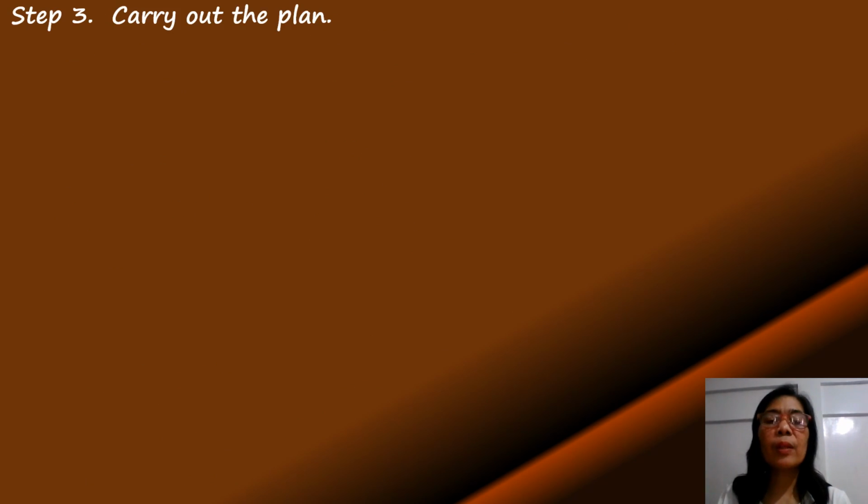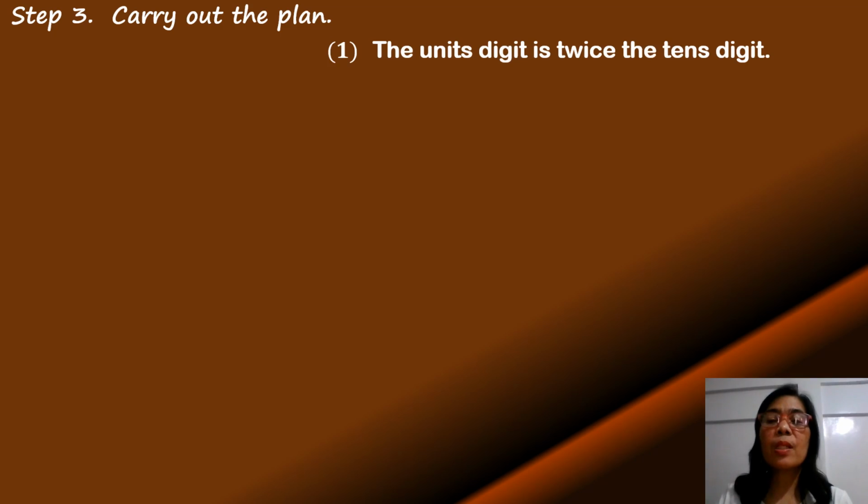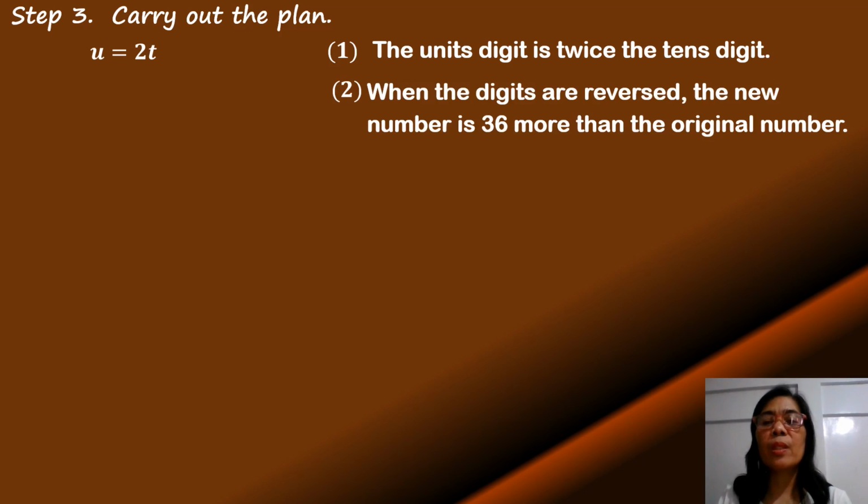In carrying out the plan, we write the equation based on the given conditions. The first condition is that the units digit is twice the tens digit. So u is equal to 2t. The second condition is that when the digits are reversed, the new number is 36 more than the original number.